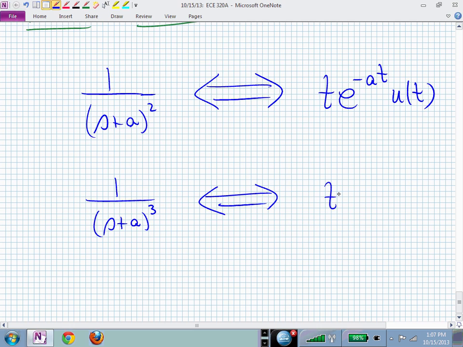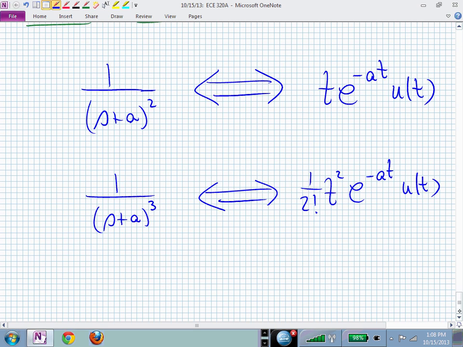We do have a t squared term, e to the minus at u of t, but we also have a factorial, where that 2 is really 3 minus 1, is where that's coming from.